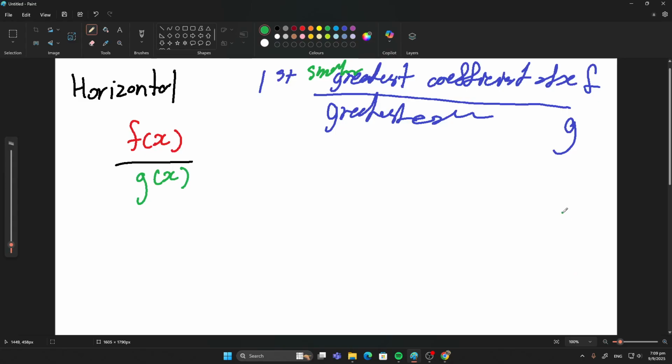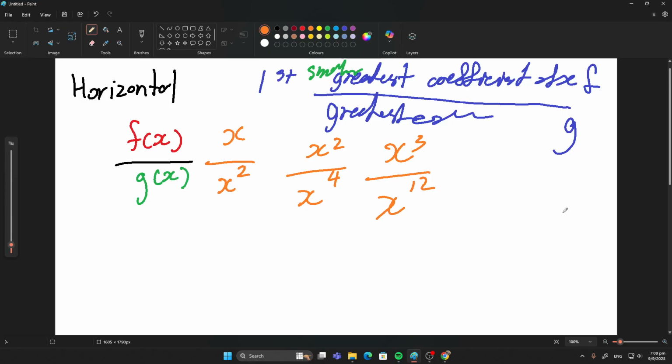Okay, so what does this mean? One example can be x over x squared, x squared over x to the power 4, x cubed over... You get the idea. Okay, so what happens when the top is smaller than the bottom?